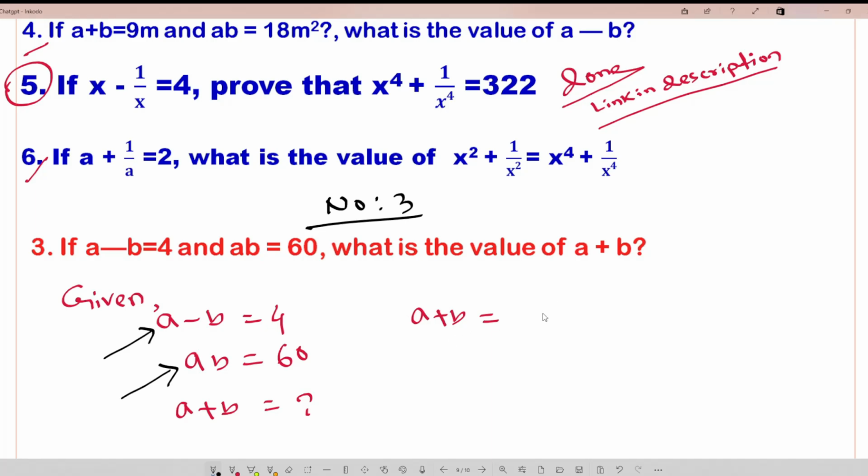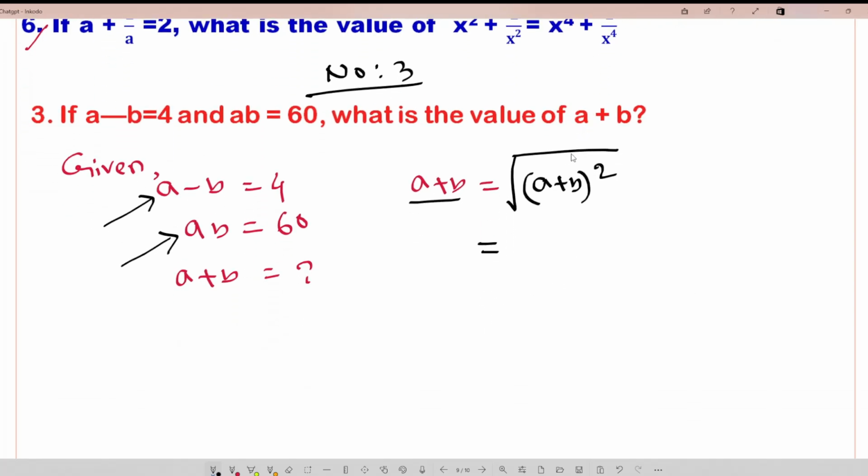This a plus b we can write as a plus b whole square, and we can use a square root. Once we take the square root and this is squared, we will get a plus b. Therefore, now we can make a rule: a plus b whole square equals a minus b whole square plus 4ab, under the root sign.